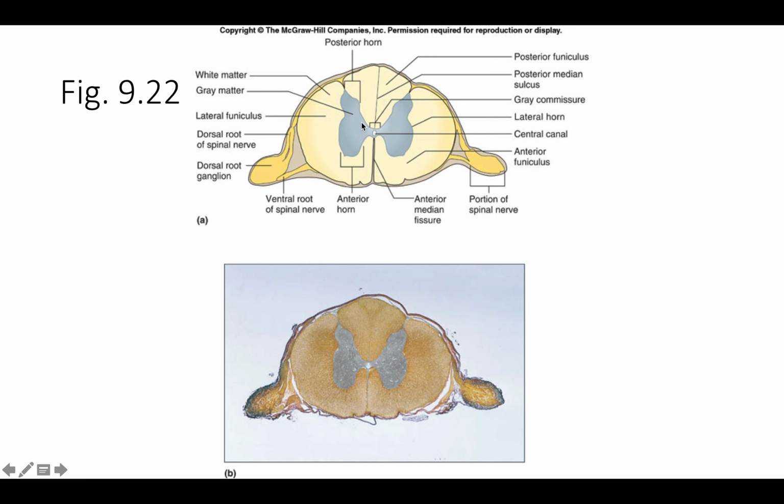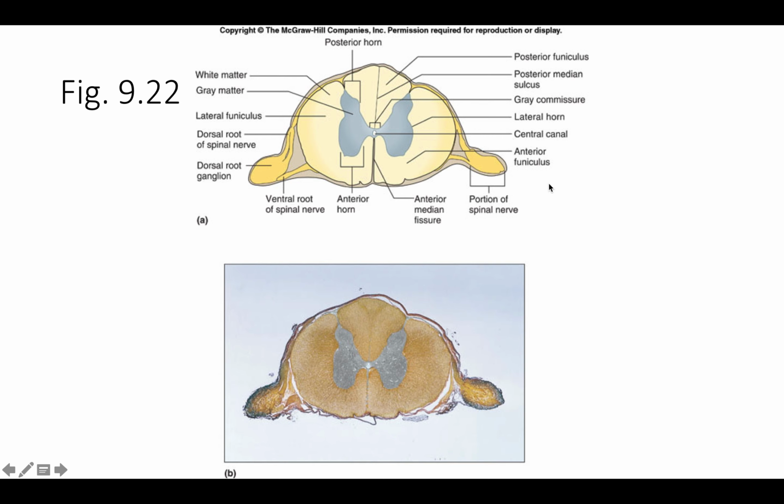Then, whenever the nerve impulses come out, they all go out through the ventral root. The cell bodies of the motor neurons are in the gray horns themselves. So you do not have a ganglion right here. Remember, ganglia are associated with the sensory nerves that are all coming in to the posterior gray horn.